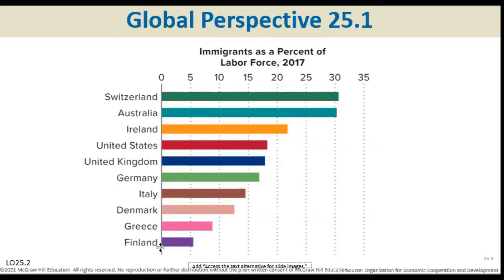Immigrants make up relatively large percentages of the labor force in several advanced industrial countries, including Switzerland, Australia, Ireland, and the United States. But they make up a much smaller percentage in other countries, such as Finland.